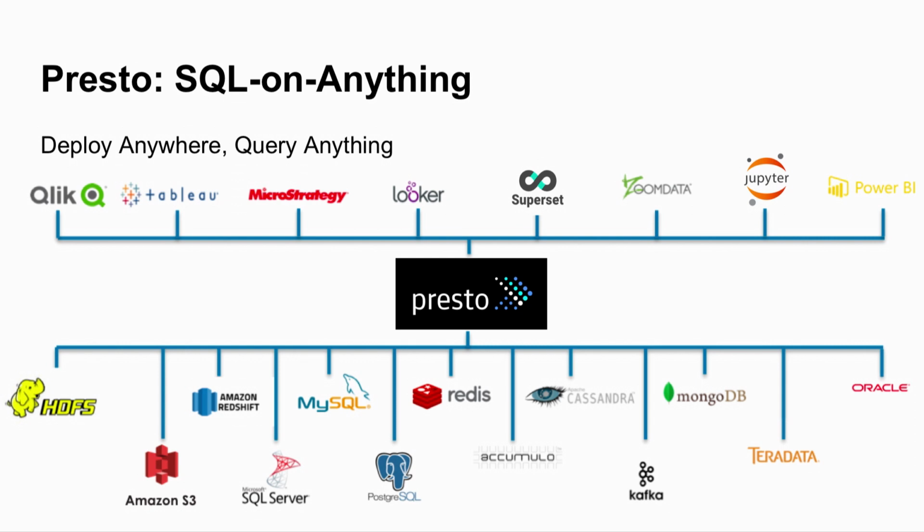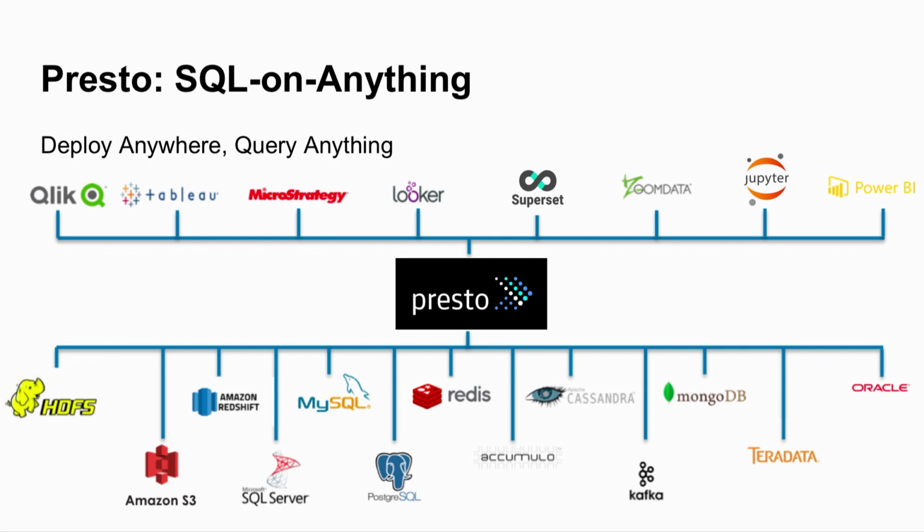Presto is a distributed SQL engine for all your kinds of different data, and you can deploy it anywhere: cloud, on-premises, virtual environment, and you can query anything. It could be Hadoop, S3, or any other S3-compatible object store. Also SQL databases like SQL Server, MySQL, Postgres, and NoSQL engines like Cassandra, Redis, Accumulo, and so on.